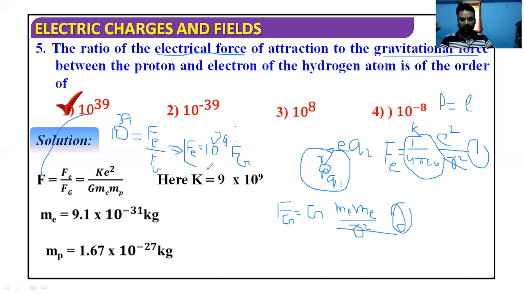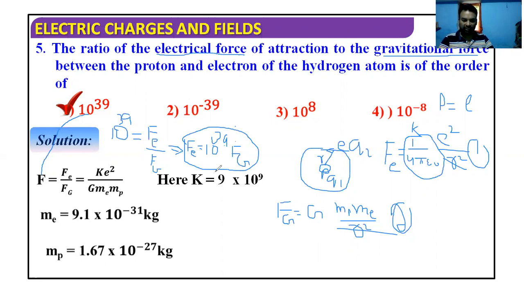And this we can very easily verify in our daily life, because gravitational force is a weak force, and the electrostatic force is strong, 10 to the power 39 times the gravitational force. Take a comb, rub it on your hair, and try to pick up small paper pieces lying on the ground.